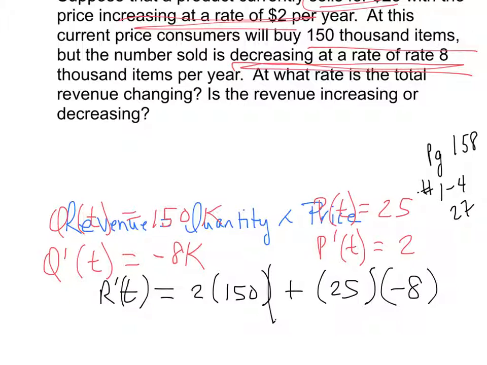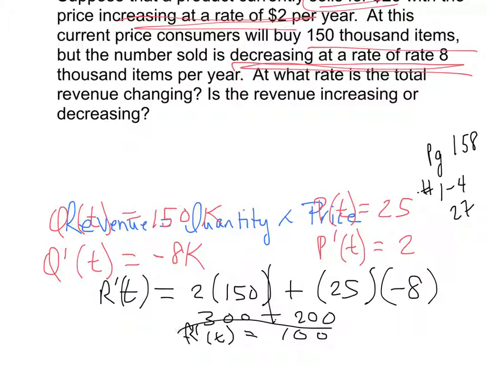Multiply those out, and I get 300,000 here, and this is minus 200,000 because of the negative there, and 25 times 8 is 200. So my change in revenue, 300 minus 200, is 100,000.